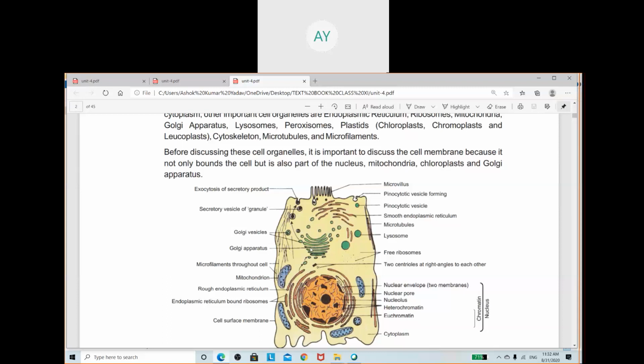Then mitochondria are responsible for the production of energy in the form of ATP. Then chloroplast, you will find in the plant cell, is responsible for synthesis of food. Up to the cell level, if any small structure is present, then it is known as a cell organelle.